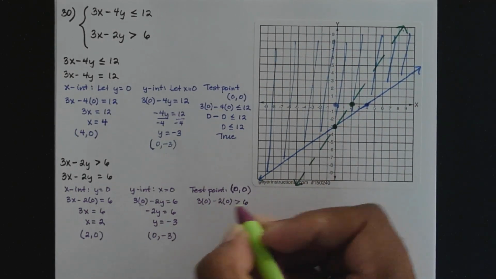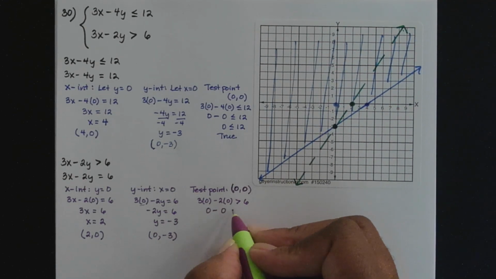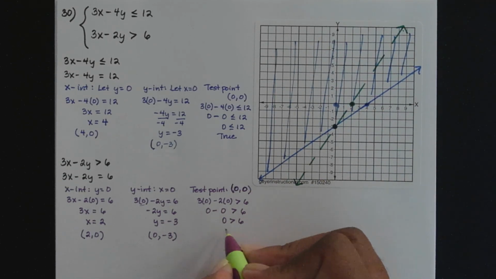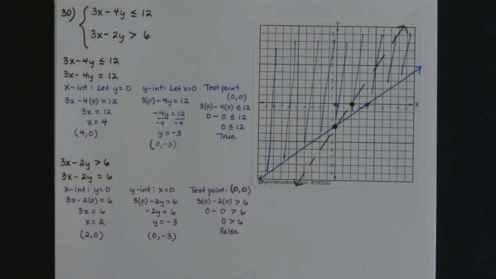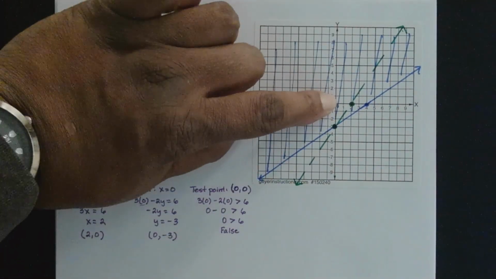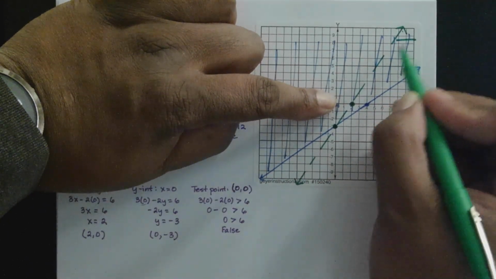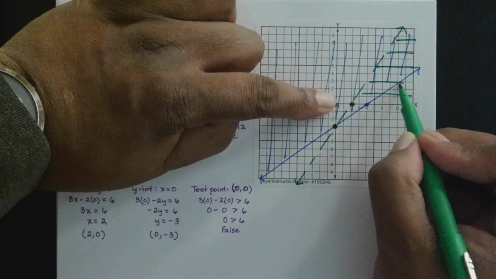That needs to be greater than 6. 3 times 0 is 0, minus 2 times 0 is 0. 0 minus 0 is 0. Is 0 greater than 6? No. So that's a false statement. So I'm going to be shading the region that doesn't contain this test point. That means past this line right here to the right is what I'll be shading.